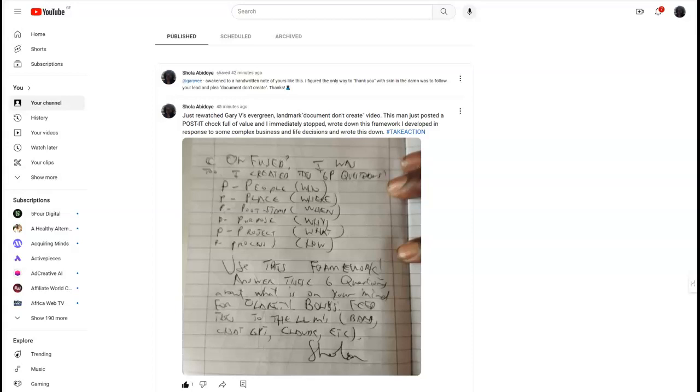The whole idea is that if you're confused about an important decision, what you want to do is sit down and write out the answers to the question prompt words in English that begin with W, and then the last one, which is H: who, what, when, where, why, and how. To keep it simple and make it a framework that people could remember, I thought about a way to represent each one of those question words with a P.